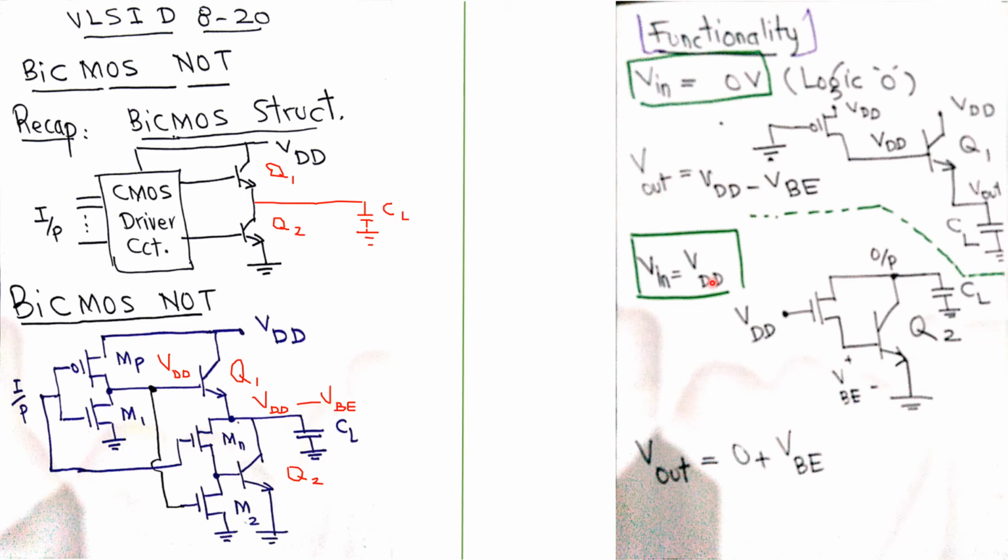Similarly, when the input voltage is VDD, this M1 is on and the same input is applied to this MN, and this is also on. So when this is on, the output here is not VDD, rather instead of VDD it is 0 volts here, because M1 is on.